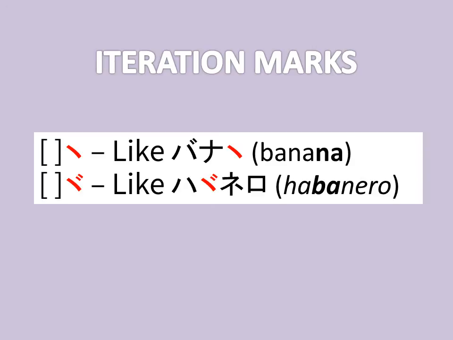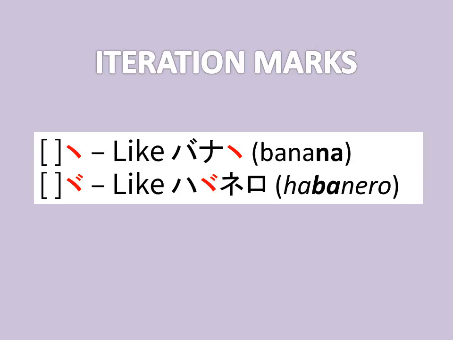So let's see the examples. The normal iteration mark, the first one, we have ba, na, na. So na is repeated twice. So after the na katakana character, we have the first iteration mark, mentioning the na sound is repeated twice. So ba, na, na.